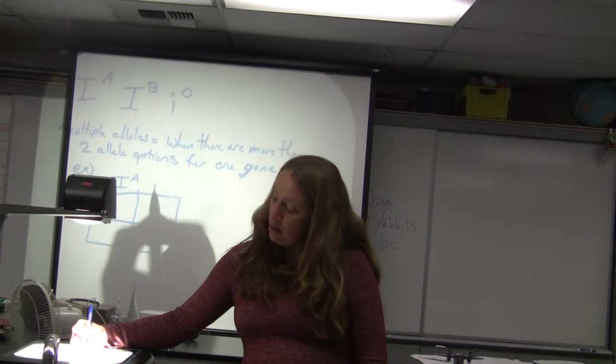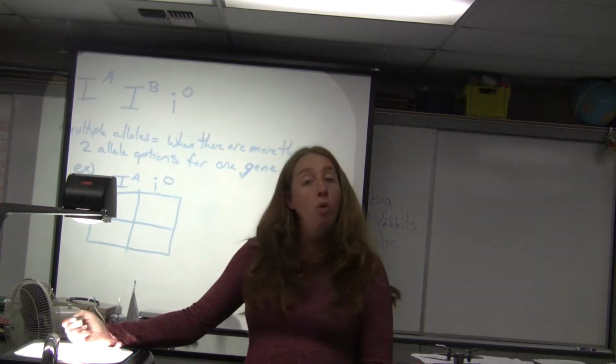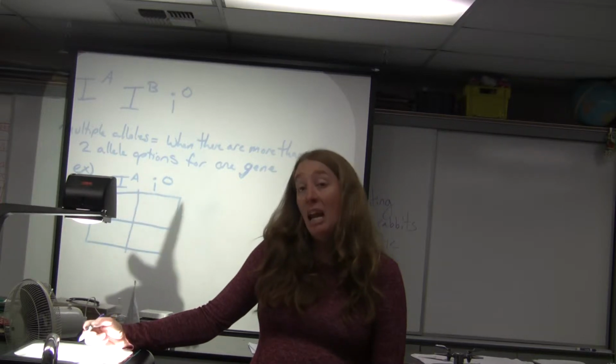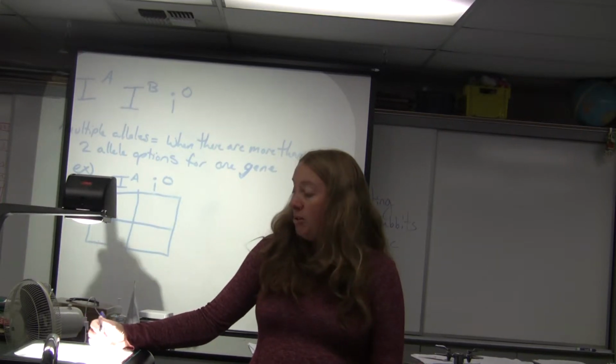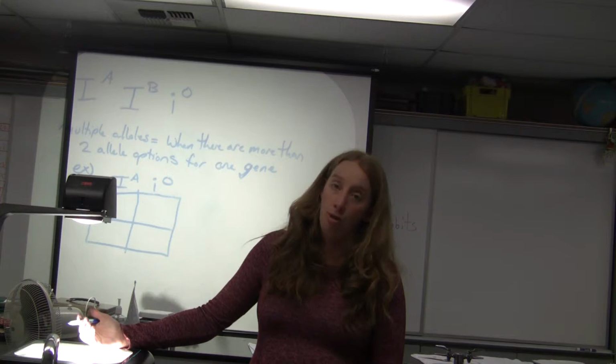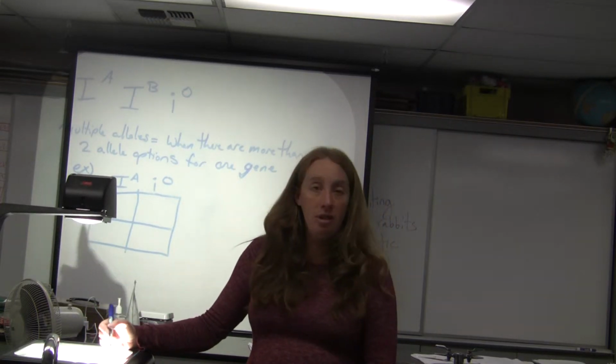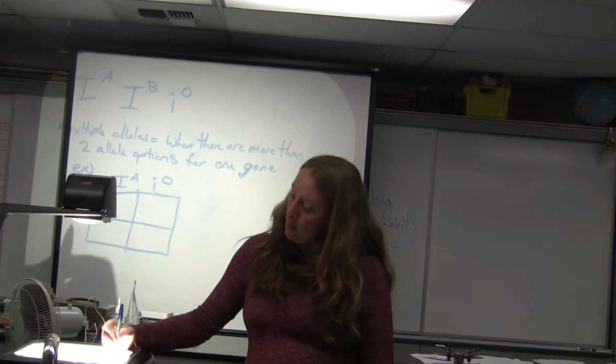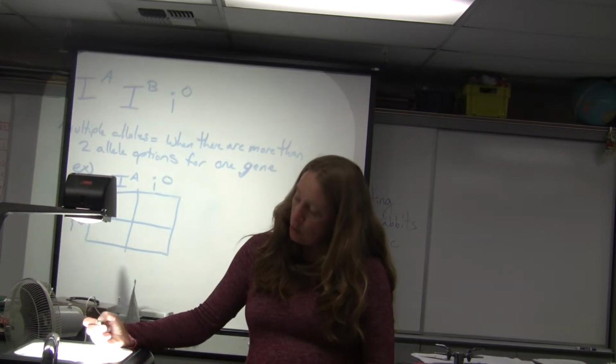That would be my recessive O. So this person has the gene for A and the gene for O. But the A is the one that's dominant, so that's what they have. Let's do the same thing for B. A dominant B and a recessive O.